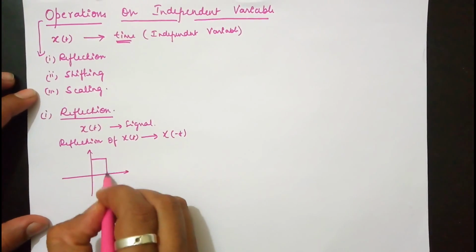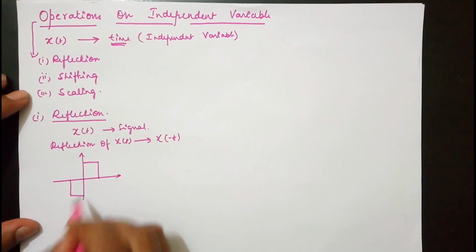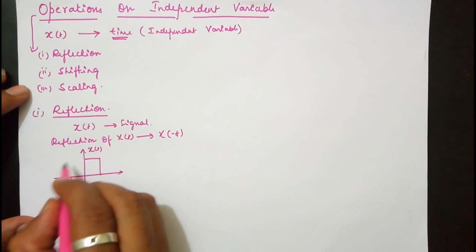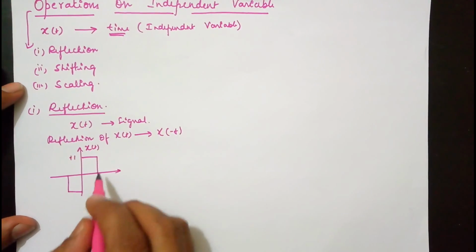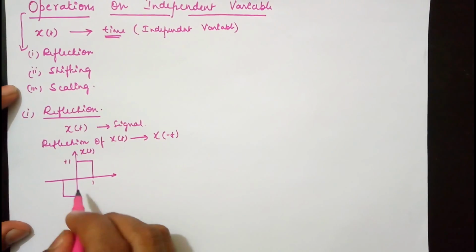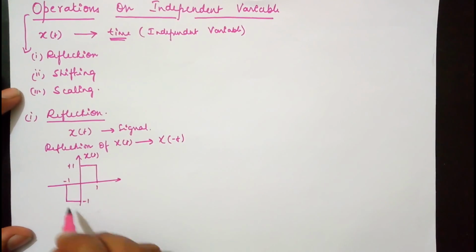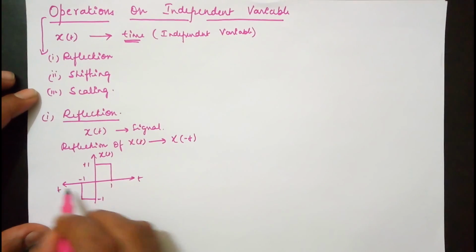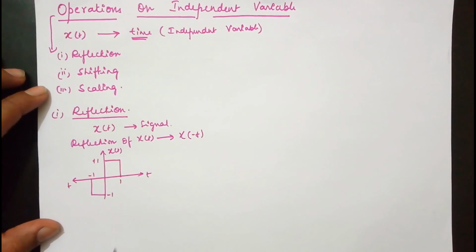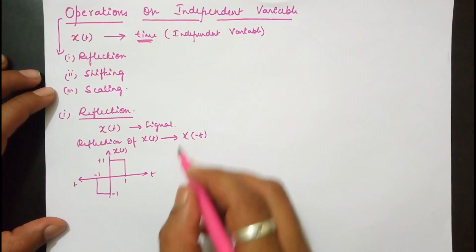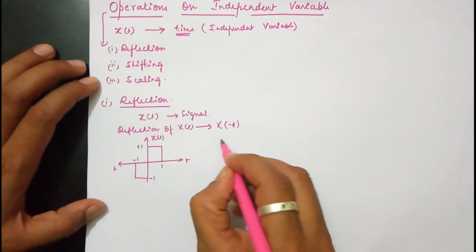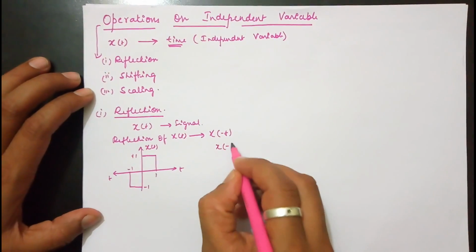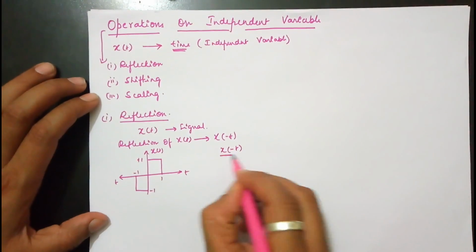If I have a function like this, that is x of t with an amplitude of plus 1, here I have 1, here I have minus 1. Here the x-axis is time, t. Now if I want to plot x of minus t, I want to plot this.